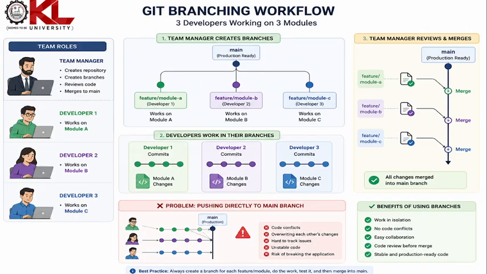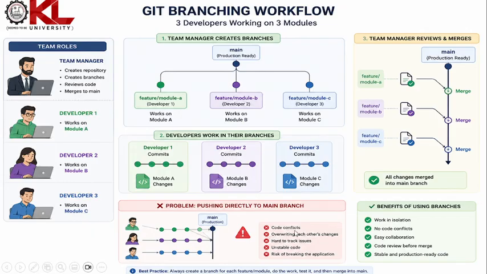Now, if the three developers directly work on the main branch, if the team manager gives the three developers access to the main branch, what happens? There are a lot of disadvantages. After completing their tasks, these three developers simply push the changes into the main branch.